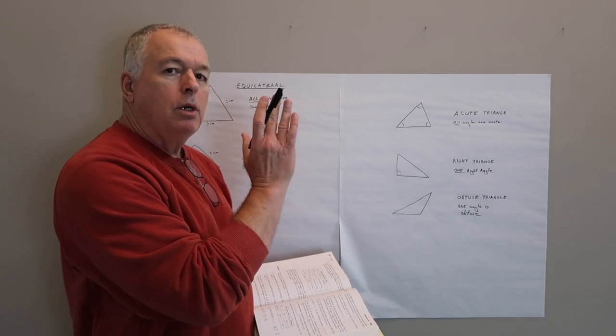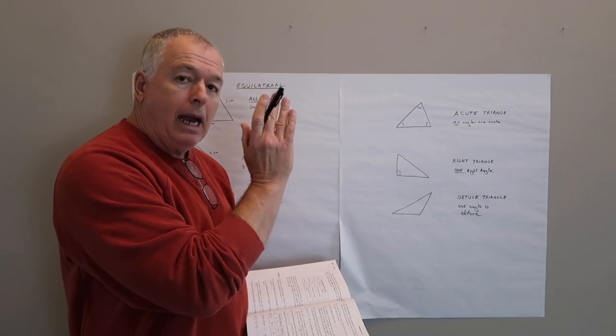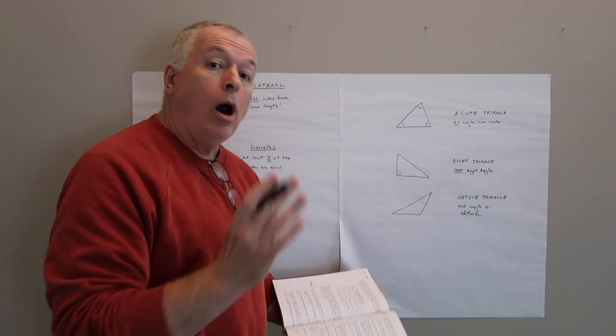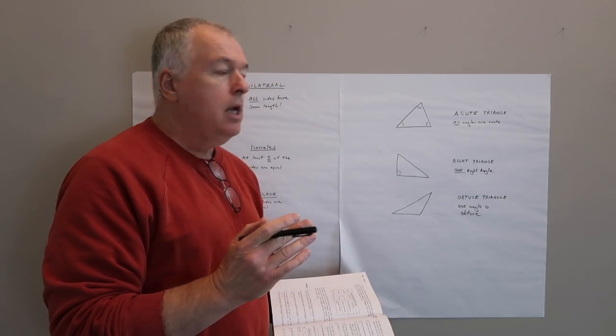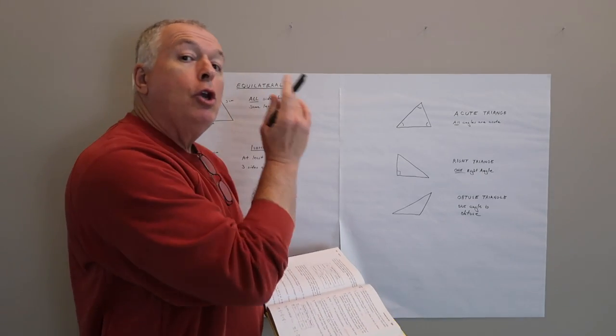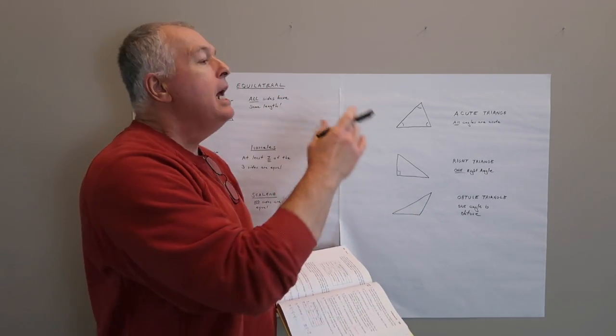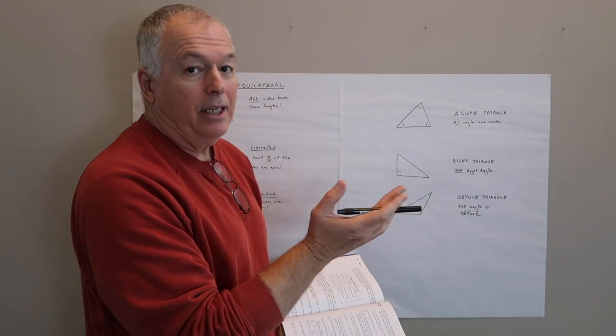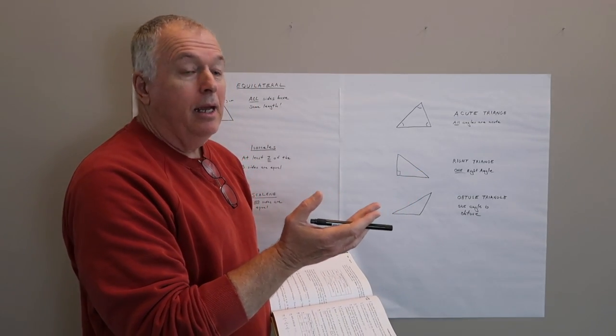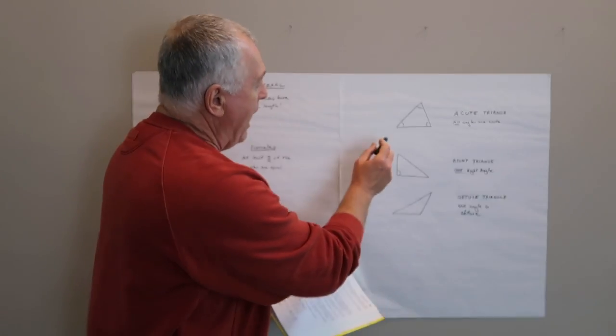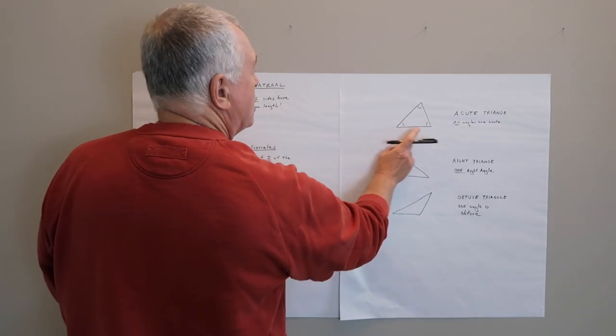You know what a right angle is. You know that a right angle is always 90 degrees. So an acute triangle, you can say it's cute, so it's going to be smaller than that 90 degrees. Okay? So just look at that, and you see the way this is positioned?